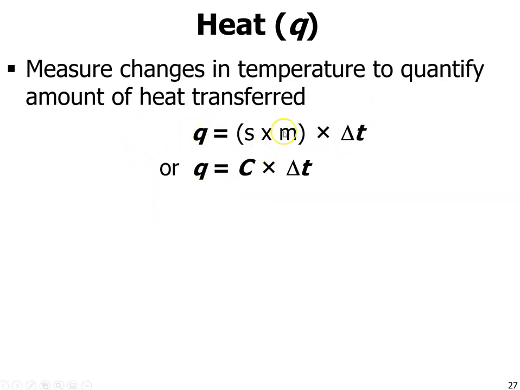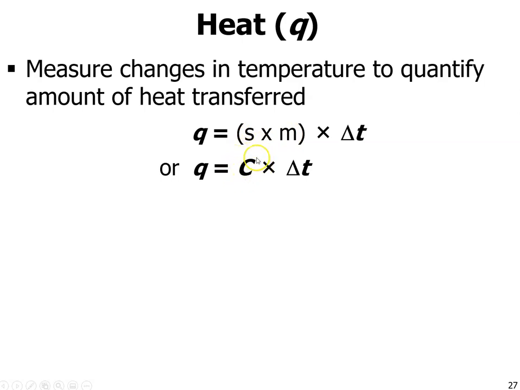For these different symbols here, heat is Q, S is specific heat, m is mass, and delta T is the change in temperature. The specific heat times the mass is also known as heat capacity.